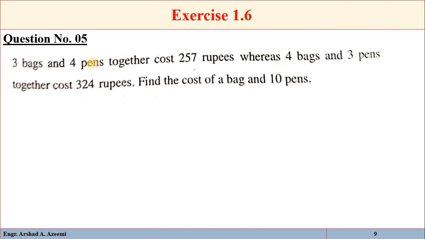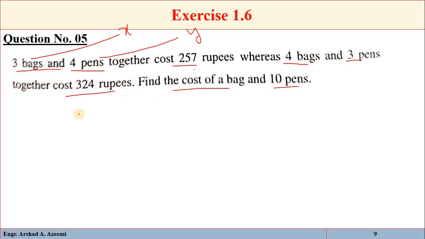Now 3 bags and 4 pens together cost 257, whereas 4 bags and 3 pens together cost 324. Find the cost of a bag and 10 pens. So let the bag be x and the pen be y.